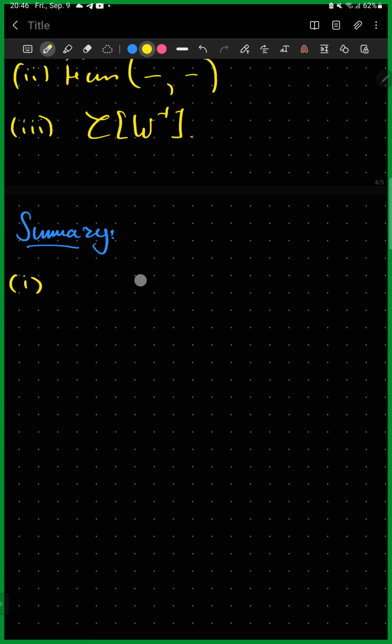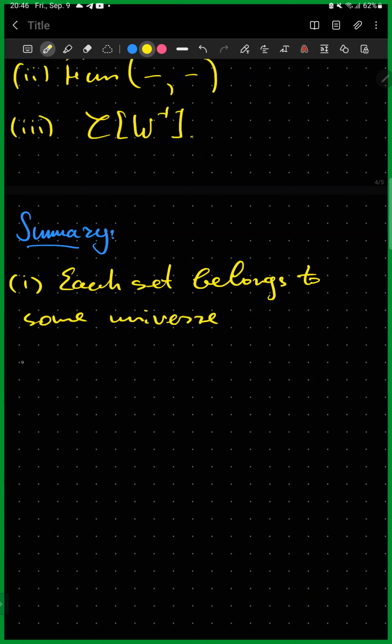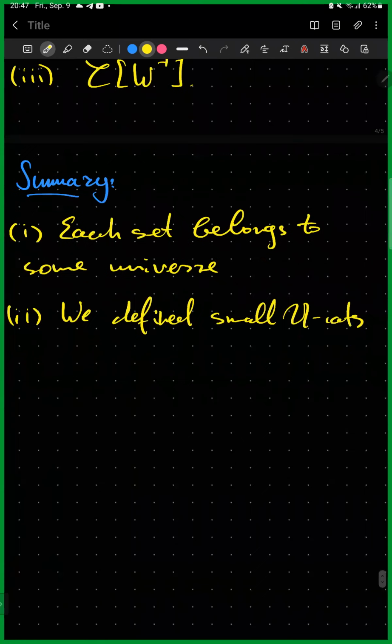We assume that each set belongs to some universe with certain properties of being closed. We defined small U categories and U categories.